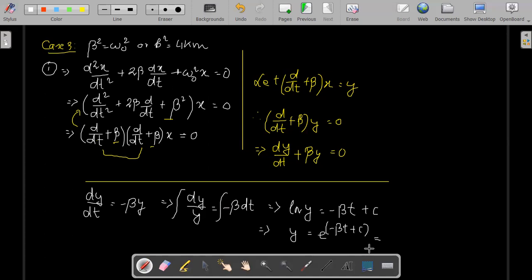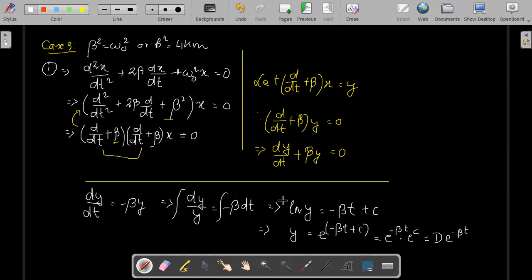Here we can again separate it out, and write e to the power minus beta t into e to the power c. c is a constant, e is 2.71, so that's again a constant. So I can take this entire term to be another constant, and simply write it down as D e to the power minus beta t.